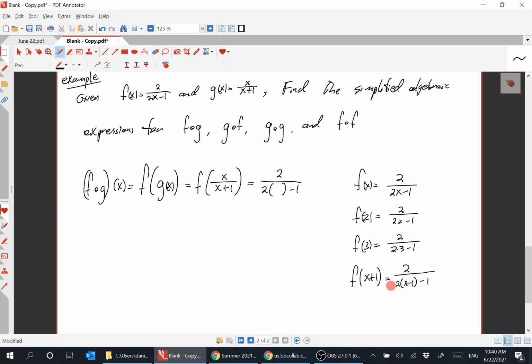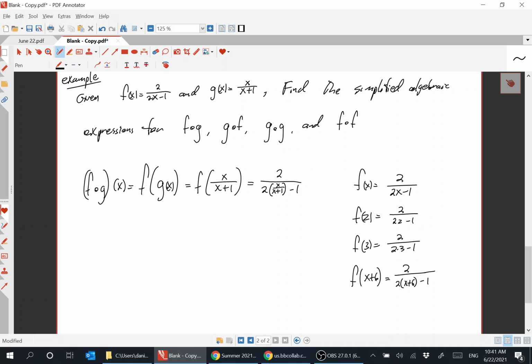Not forgetting the parentheses. Now I could put x plus 1, in which case it would look like that. I could put x plus 6, in which case it would look like that. Or I could put x over x plus 1. Like that. Right?